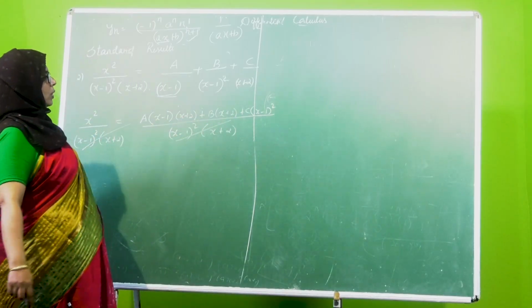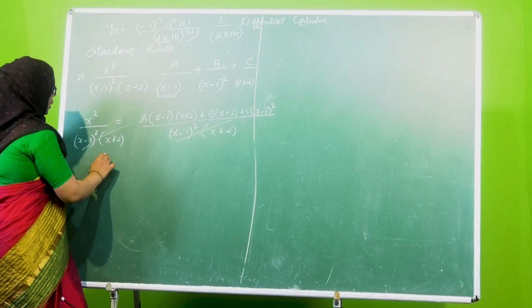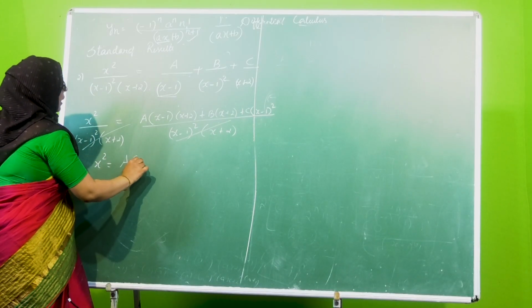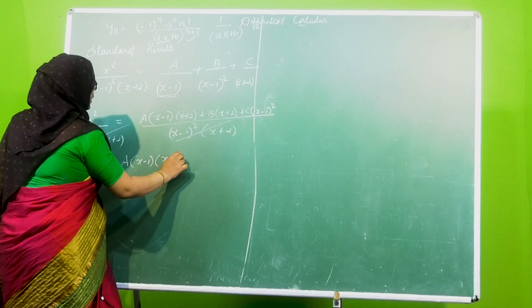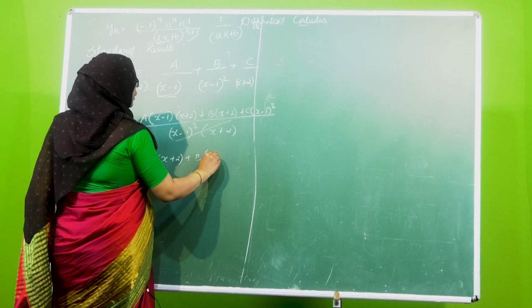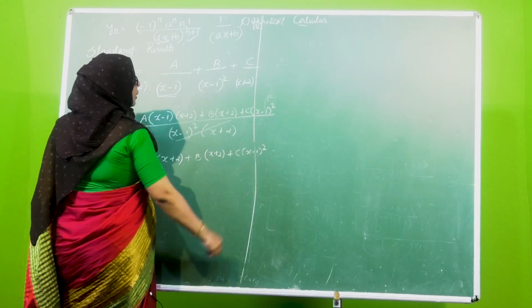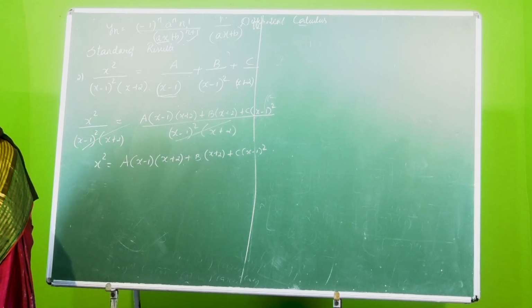So x minus 1 whole square into x plus 2 are getting cancelled. So x square equal to a into x minus 1 into x plus 2 plus b into x plus 2 plus c into x minus 1 whole square.